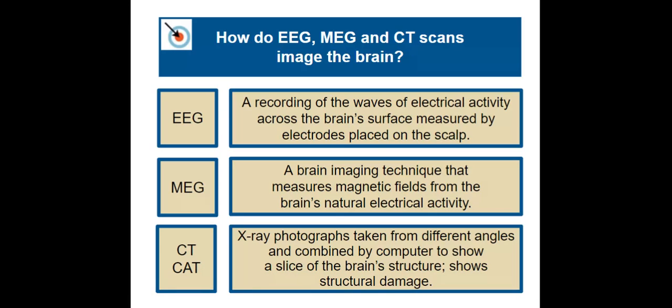CT scans, computed tomography. These are basically X-rays of the head, and they're usually done in slices. It looks like slices of bread. These are particularly important when we look at brain injuries.